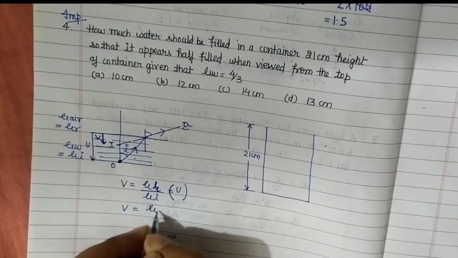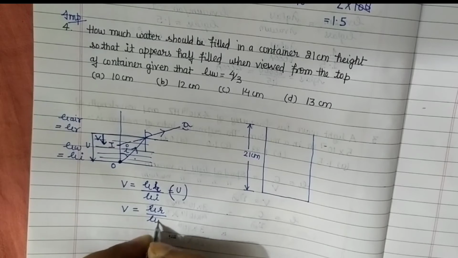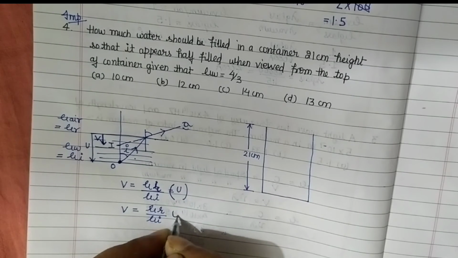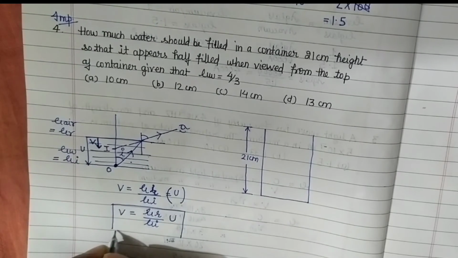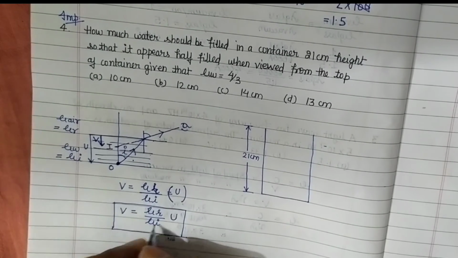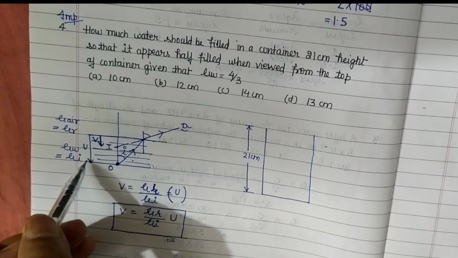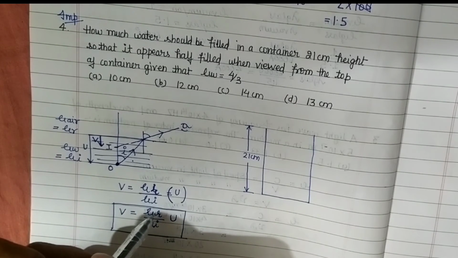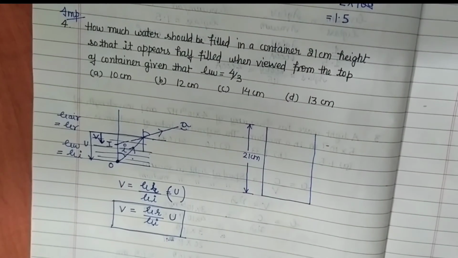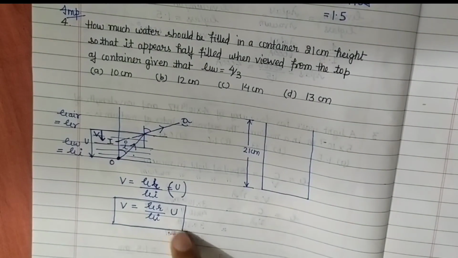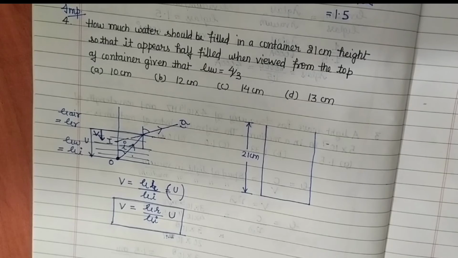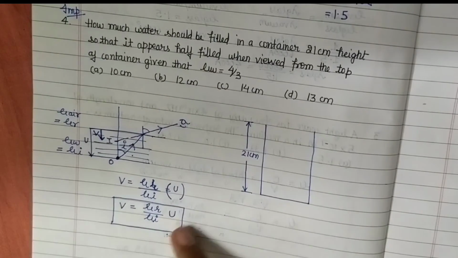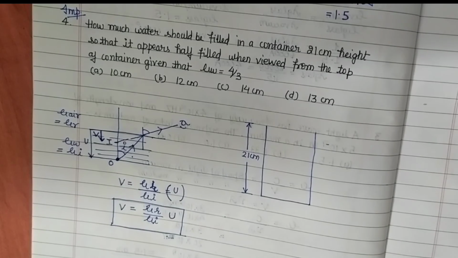So it will be mu R upon mu I times the real depth. Here mu I is the refractive index of the medium in which the incident ray is present, mu R is that of the medium in which the refracted ray is present. We will denote it in this way so that you find it easy while doing the numerical. I will solve more numericals, so you will apply these things in this way. So this was our formula.